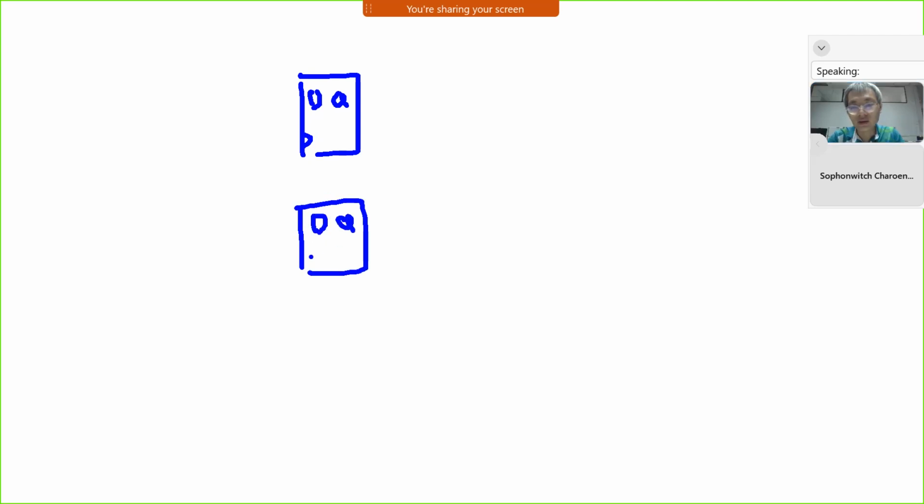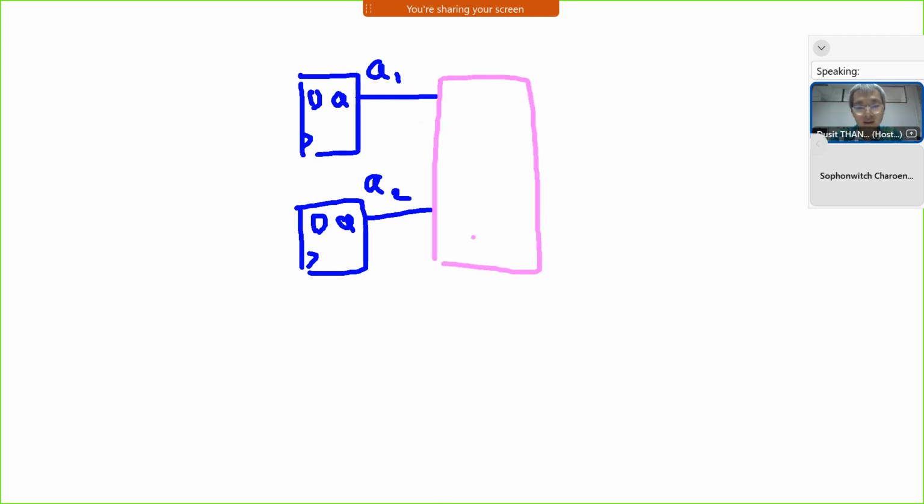D, Q, clock. This one is Q1, Q2, and this output of the flip-flops will go to some circuit, and the output may be 3 lamps of red, green, yellow.